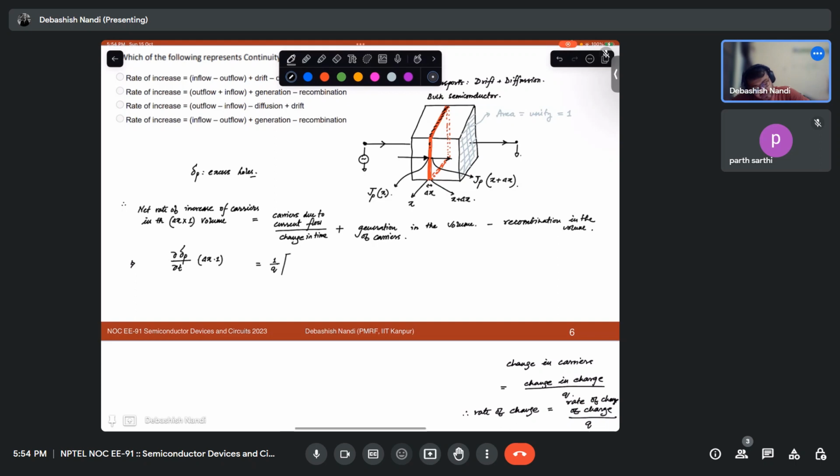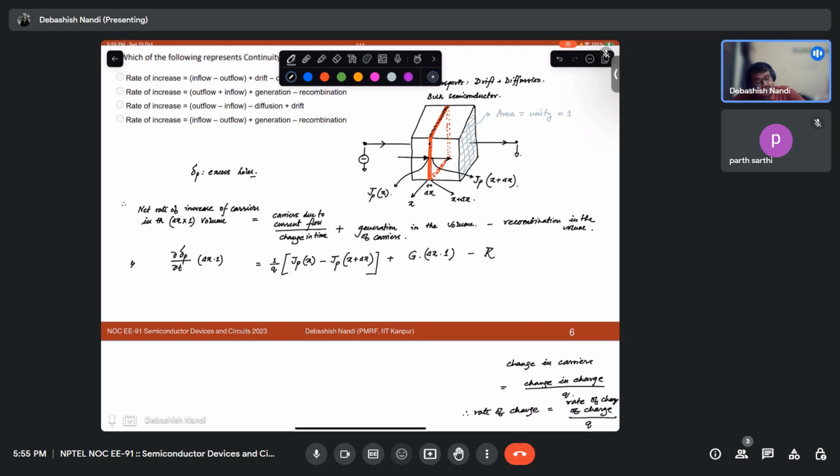Fine. So carrier due to current flow and the rate of change of that we can write as 1 over Q times net change in current density. And that is your J of, what is the input? Input is your Jp of x. What is output? Jp of x plus delta x. And if generation rate is G, then delta x times 1 is the volume.